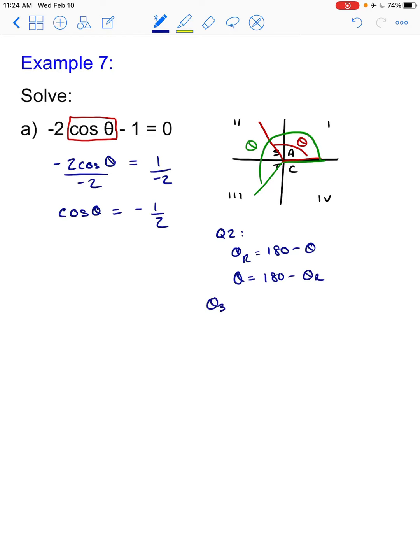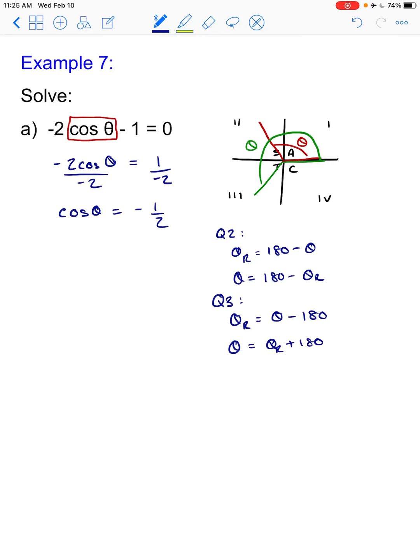We also know that for quadrant 3, a reference angle in this quadrant would be equal to an angle theta minus 180 degrees. Or, again, if we just rearrange this for an angle, any angle theta, we get that for this quadrant we would have our reference angle plus 180 degrees.